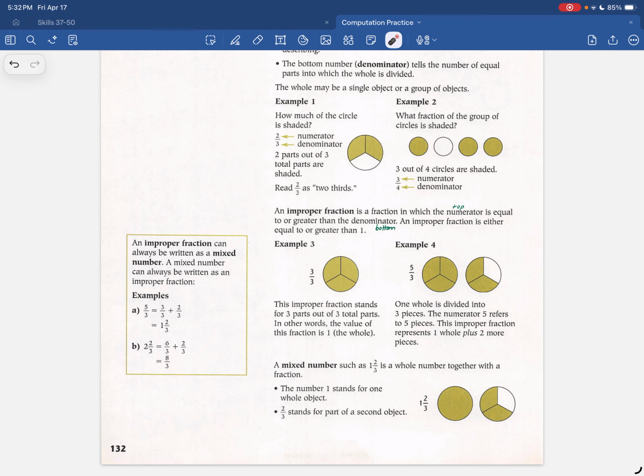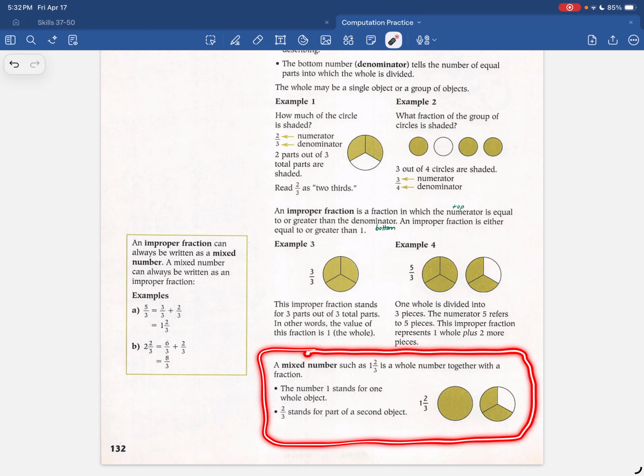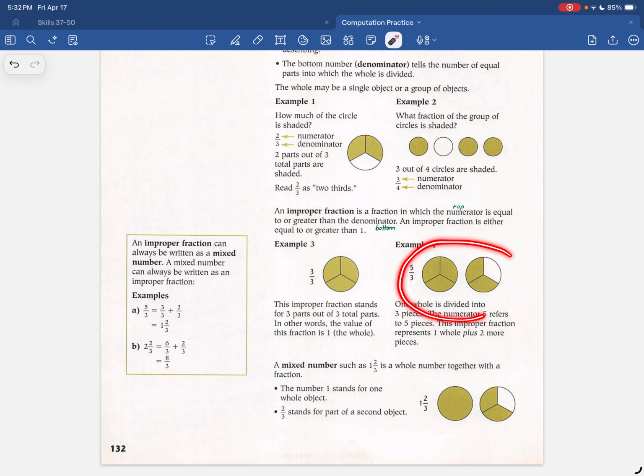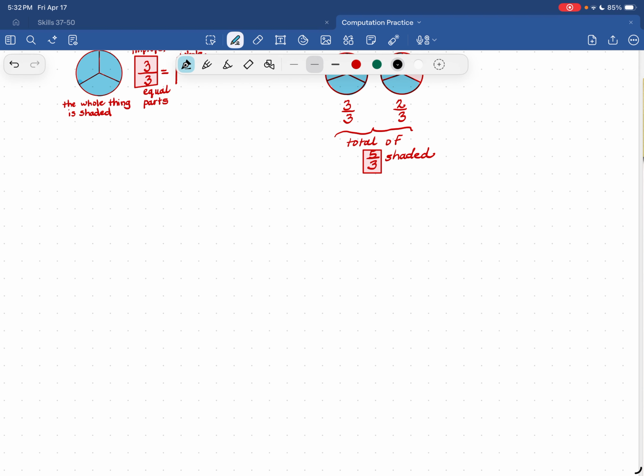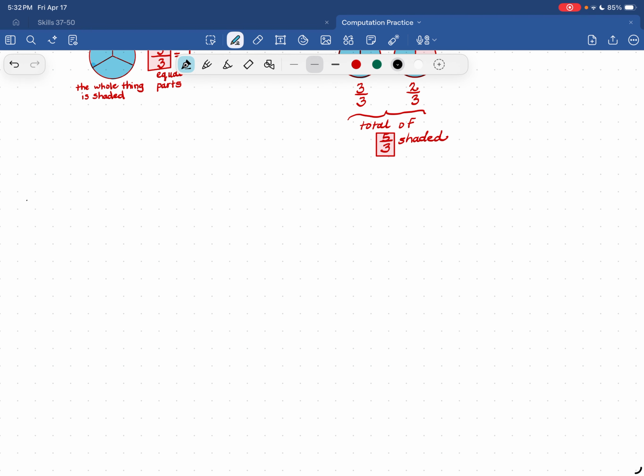And then we need to talk about a mixed number. And if you notice, the mixed number looks exactly like example 4. So let's first of all define what a mixed number is. Let me get a different color and I'll give you a short, sweet definition of a mixed number.